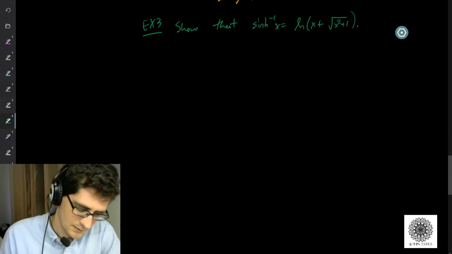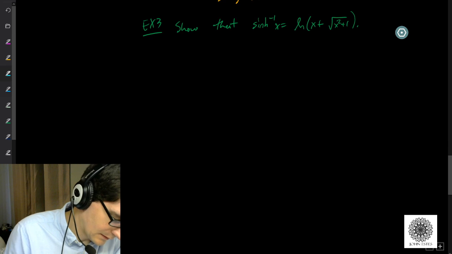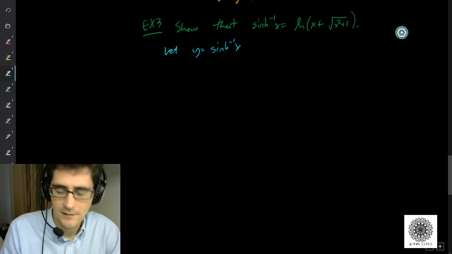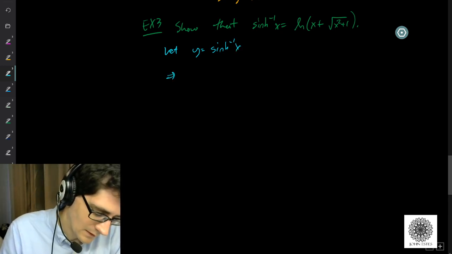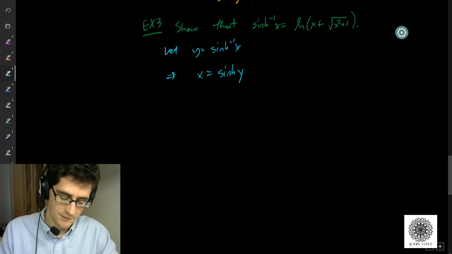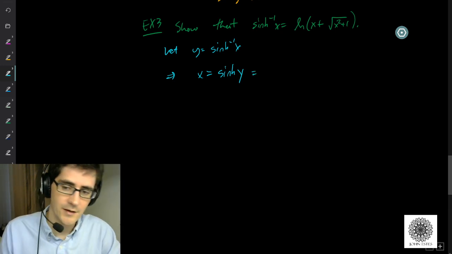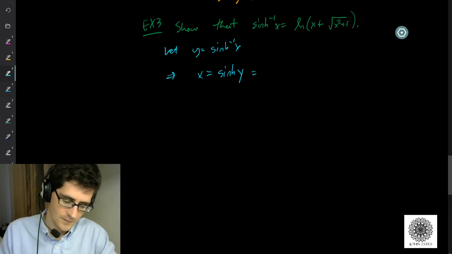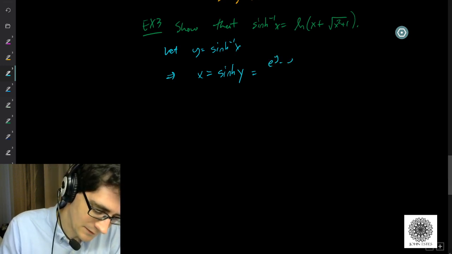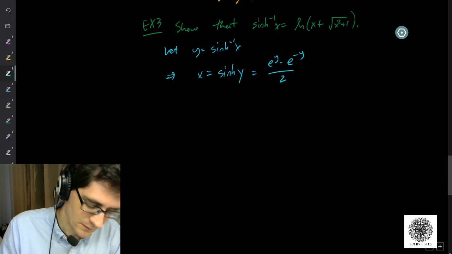All right, so how do we do this? Let y be sinh inverse x. Then that means that x is the same thing as sinh y by definition of the inverse function. And now I can apply my definition of what sinh y means. That means e to the y minus e to the negative y over 2.